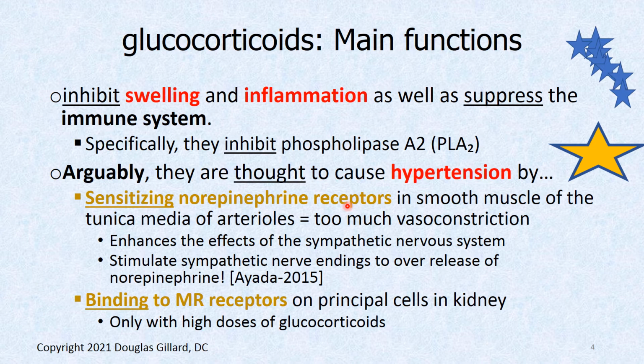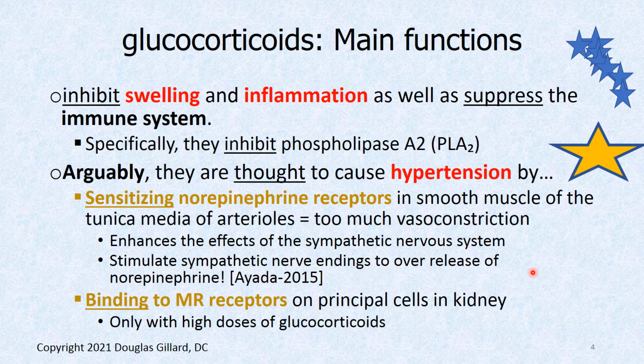And if you over-vasoconstrict, that's hypertension. It also stimulates the sympathetic nerves that go into the tunica adventitia to over-release norepinephrine. That's another proposed mechanism.